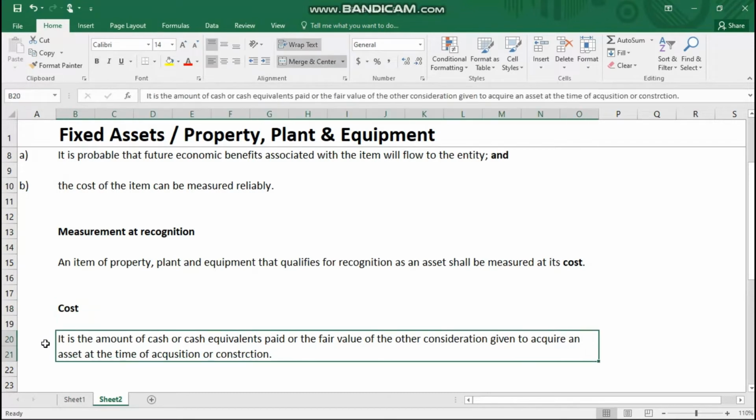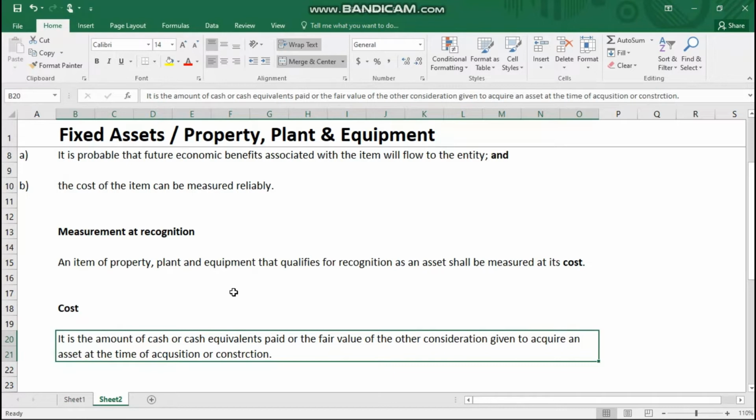And this definition is as per the International Accounting Standard. So cost is defined as the amount of cash or cash equivalents paid or the fair value of other consideration given to acquire an asset at the time of acquisition or construction. So the amount of cash or cash equivalents paid in order to acquire an asset or to construct an asset, or the fair value of any other consideration given to acquire an asset.